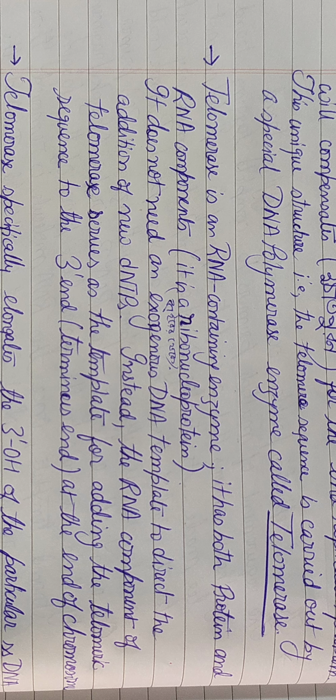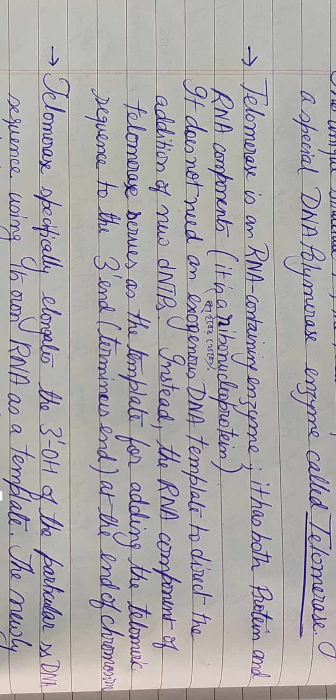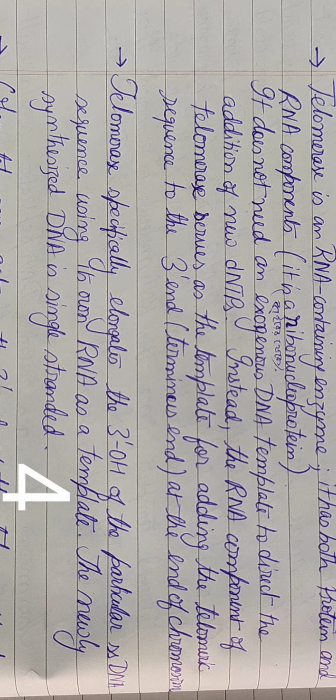Instead, how does it do it? As they have an RNA, these telomerases have an RNA component. They use that RNA component as a template for synthesizing and adding the telomeric sequence to the 3' end at the end of the chromosome.